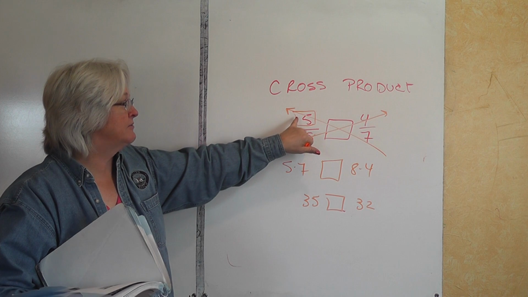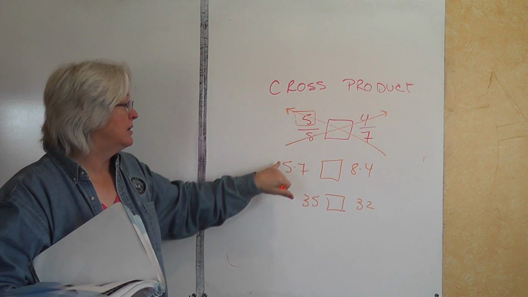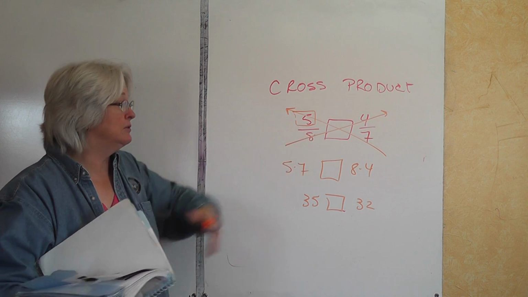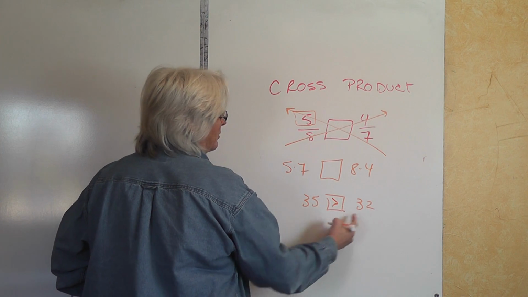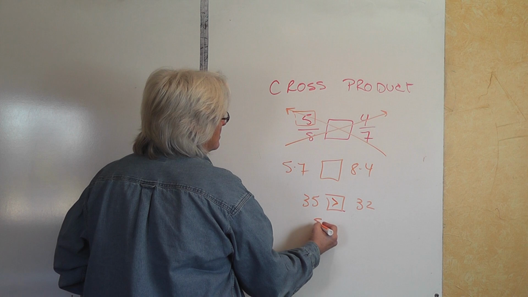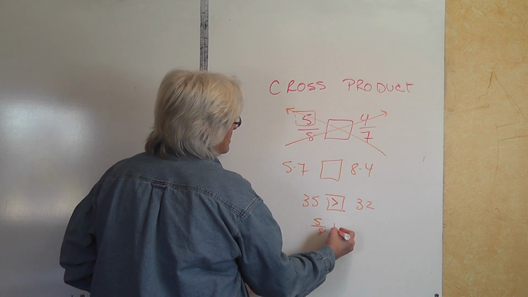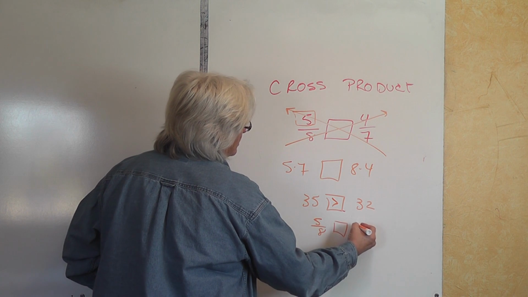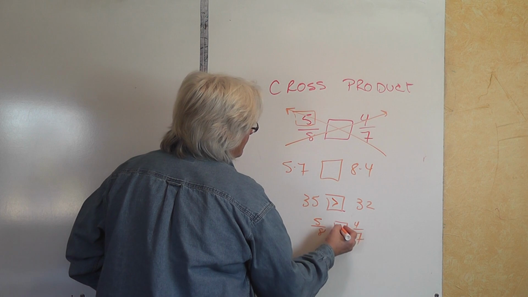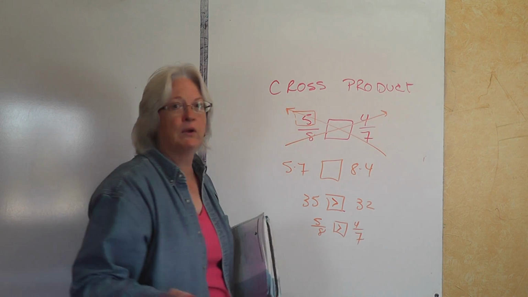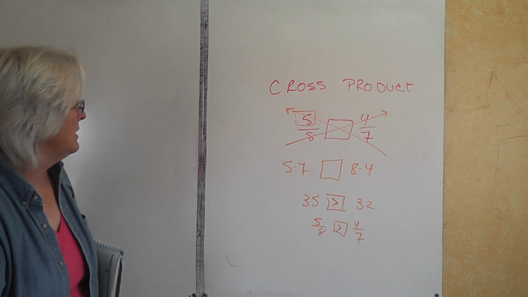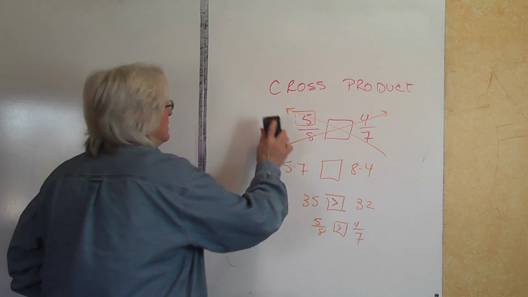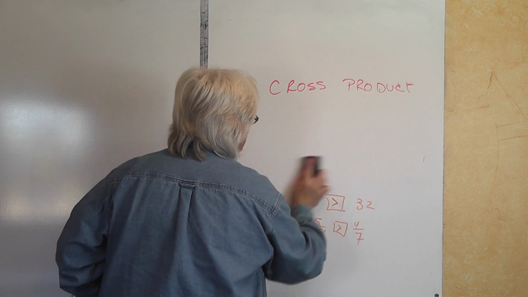As long as you have this fraction on the left-hand side that contains the numerator, you can say 35 is greater than 32. So 5/8 is greater than 4/7. If you had cross products that were the same, then you would say that the rational expressions were the same.